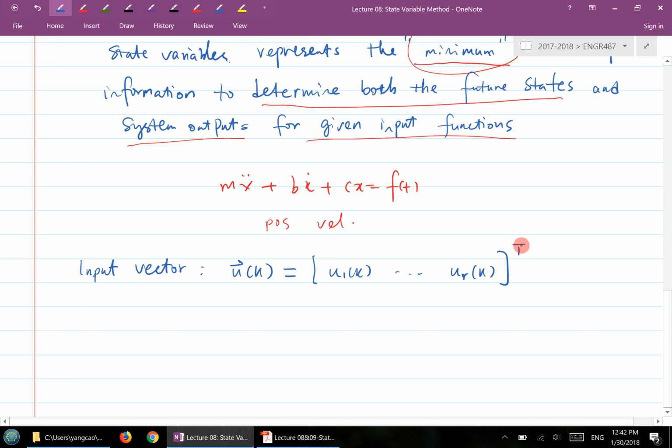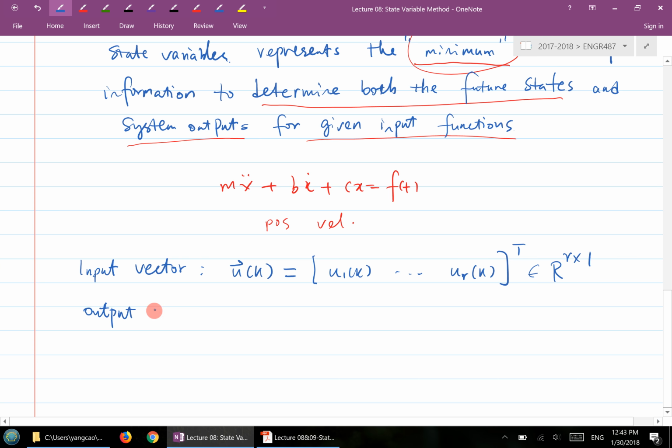The vectors are all column vectors, and we're talking about a real system, so all of the components in the vector are real. This symbol means this is a real vector of size r by 1. Mathematically, sometimes you can have a complex vector, C. So r by 1 means a column vector here.